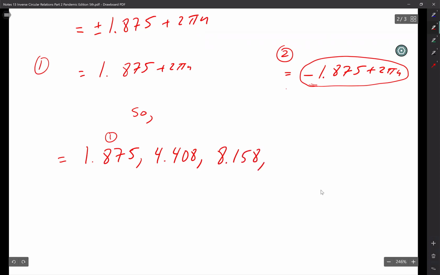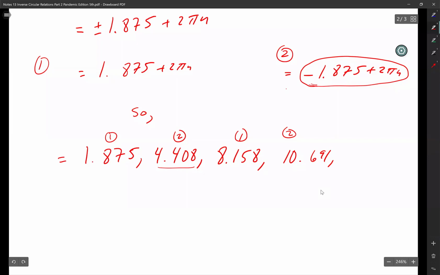This one is from equation 2 and this one is from equation 1. Then go back to equation 2 so you can get it from the 4.408. So the 4.408 plus 2 pi, and we got 10.691. Is that 5 values?